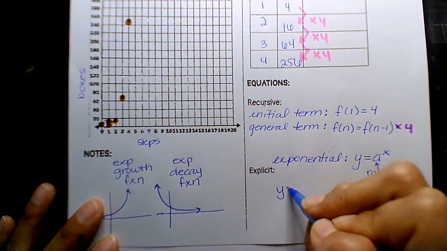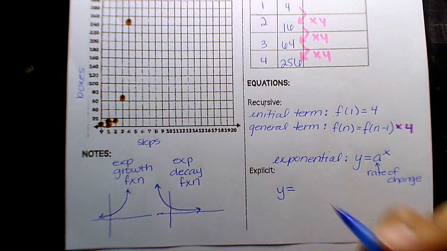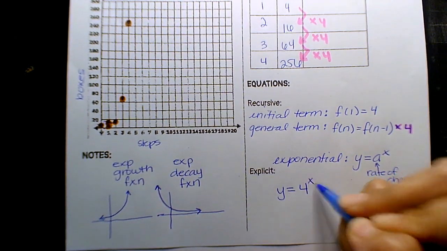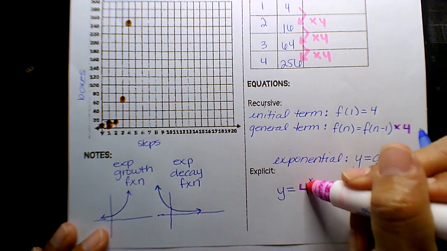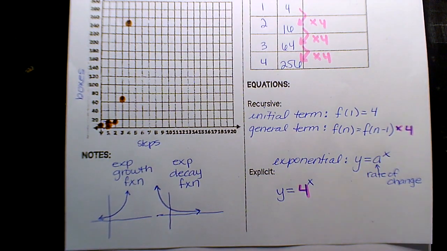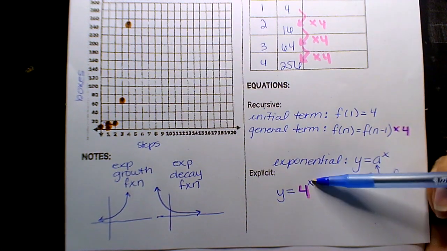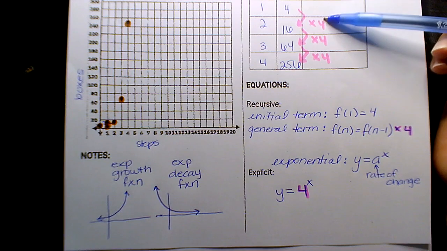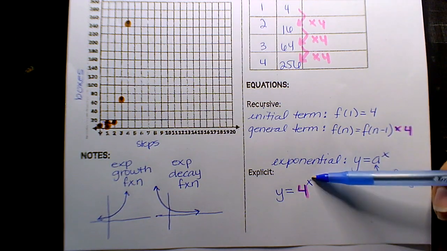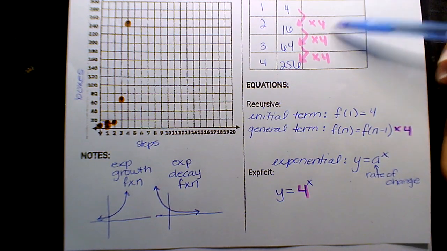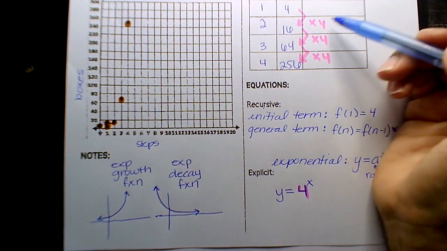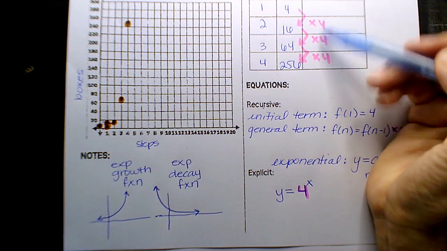So this would be y equals 4 to the x, where 4 is my rate of change and x would be your step. Step 1, step 2, step 3. So if this was times a half, it'd be (1/2)^x. If this was times -2, it'd be (-2)^x. Whatever that number is, that's your rate of change. This is your a, that commonality.